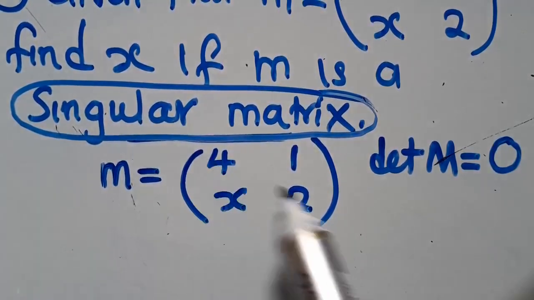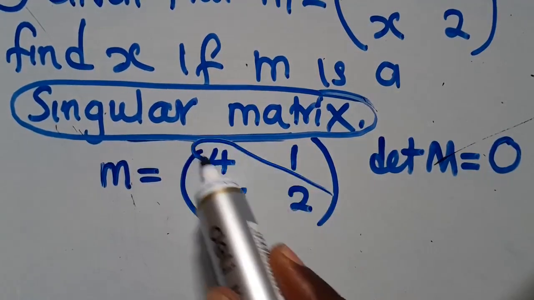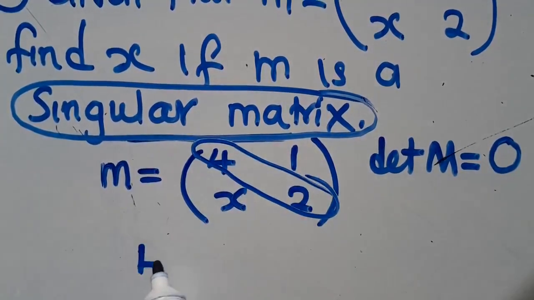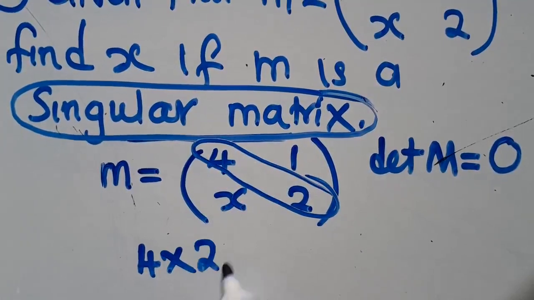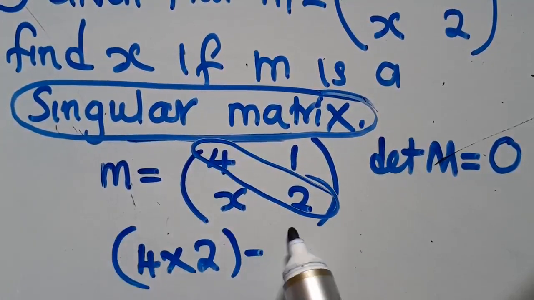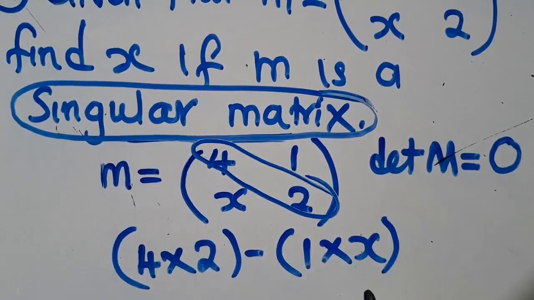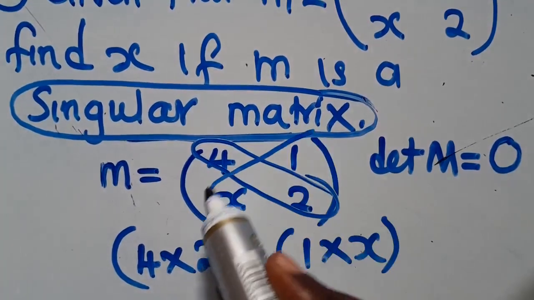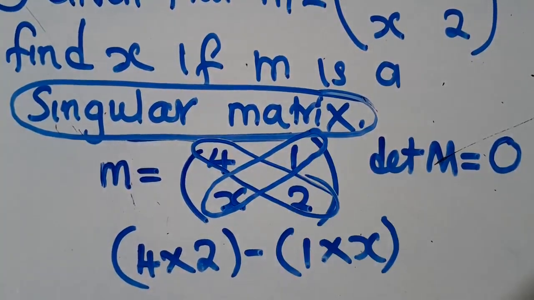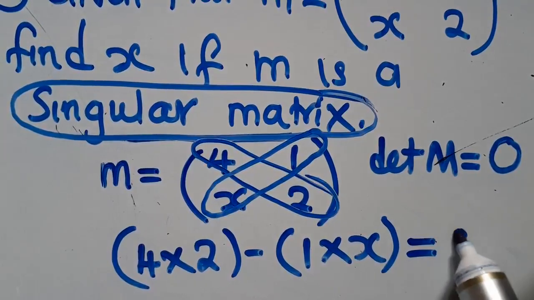So you multiply here: this is the major diagonal, so you say 4 times 2, minus 1 times x, the minor diagonal. The determinant is 0.